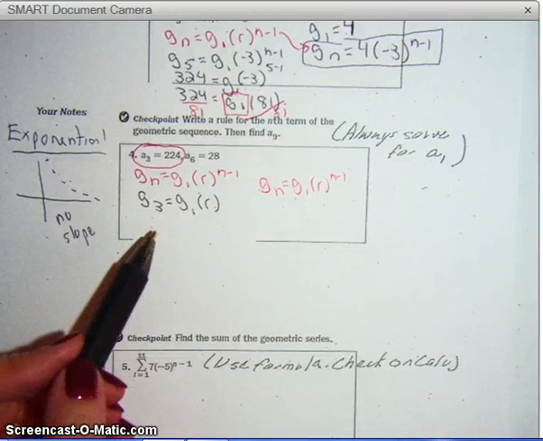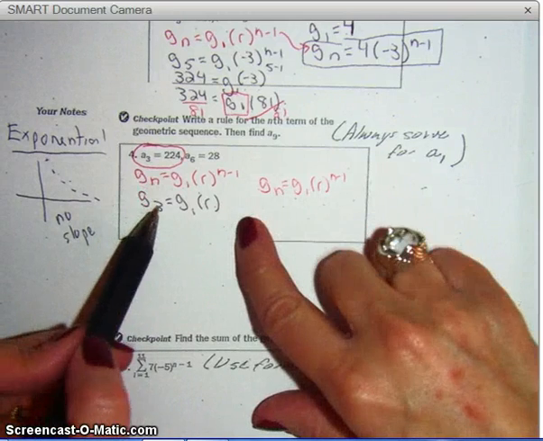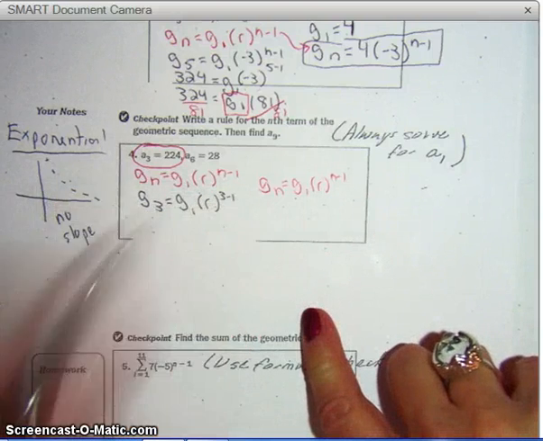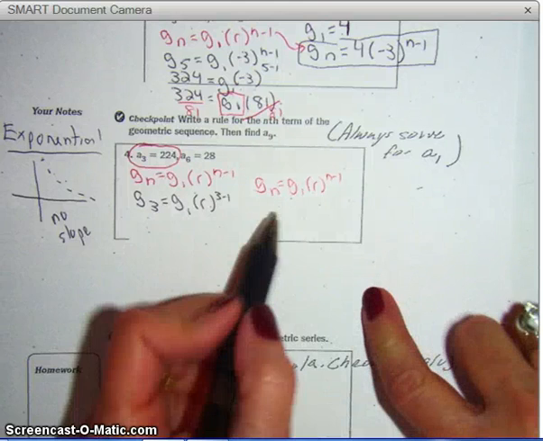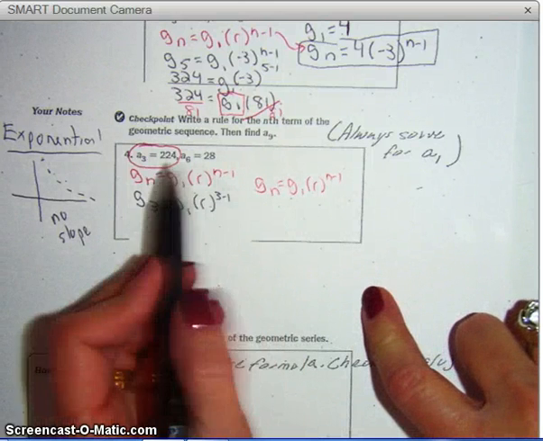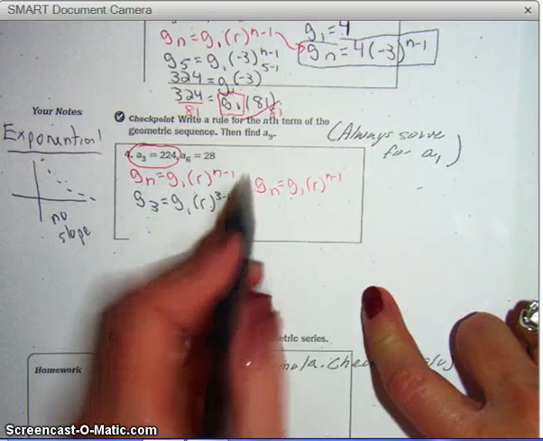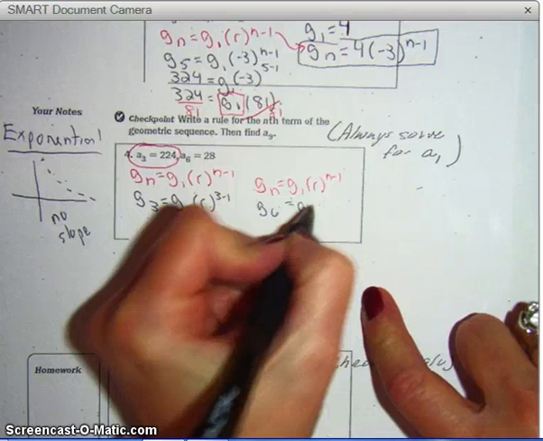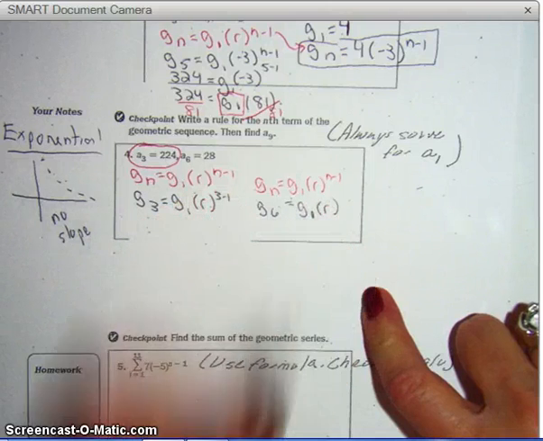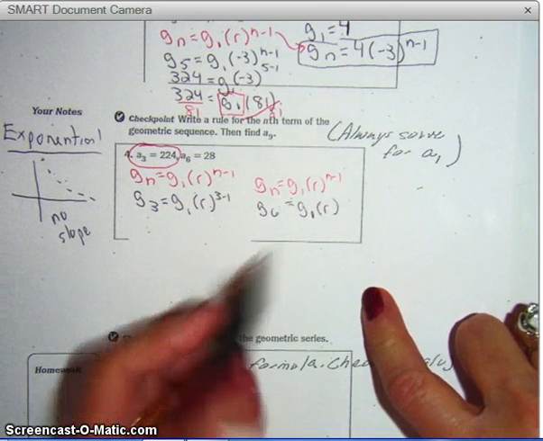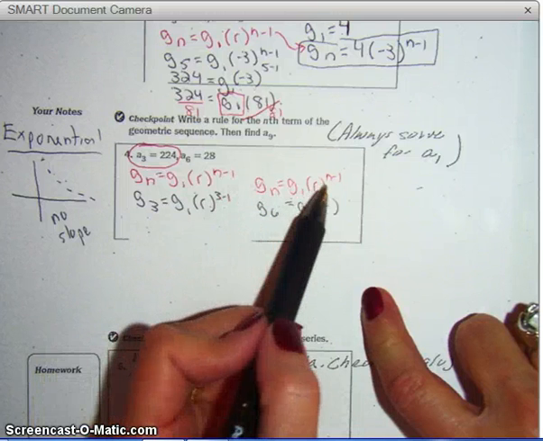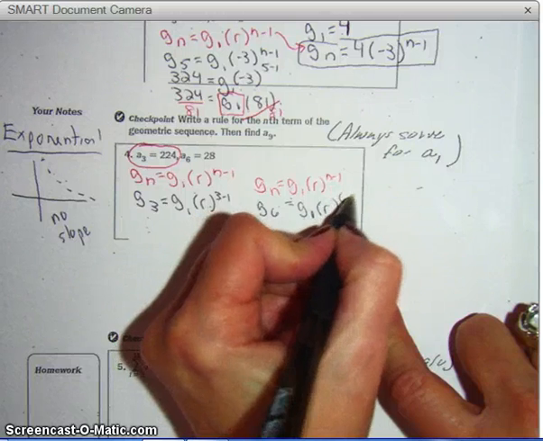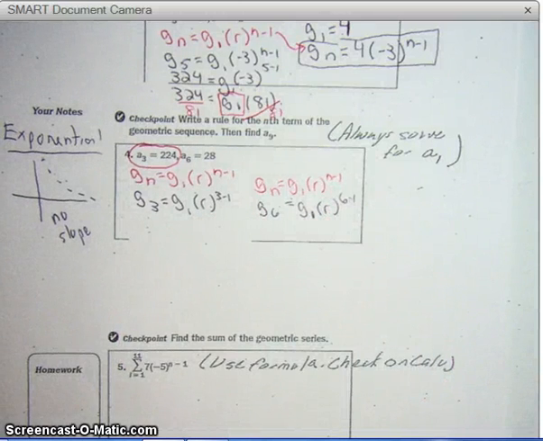Okay. And Drew, if I put 3 here for n, what should I put there for n? To the 3 minus 1. Okay. And then let's do it over here also for g sub 6. So g sub 6 equals g sub 1 times r. And then Hannah, if I put 6 here for n, what do you want there for n? Thank you very much. Okay.